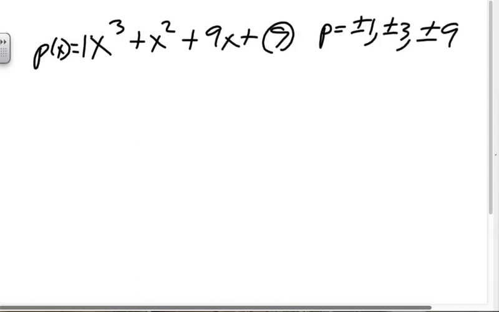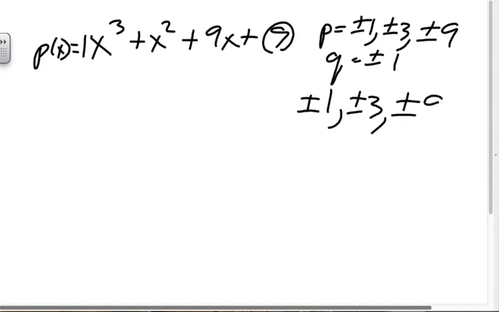And I've got a 1 out here. So my possible roots are going to be p over q, so they're going to be plus or minus 1, plus or minus 3, and plus or minus 9. And then I could go in and do my synthetic on each one of these. I would probably want to start with plus or minus 1.